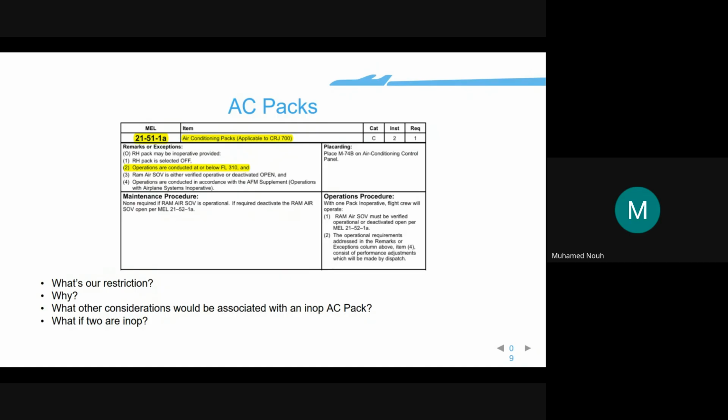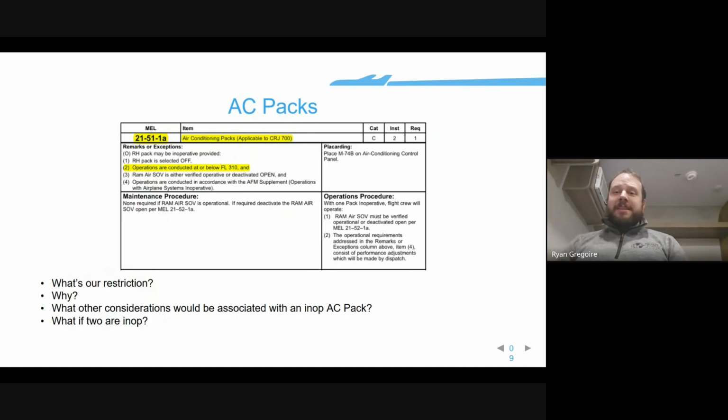All right. What would we be able to operate if both AC packs were inoperative? Yeah. So if we refer to our installed and required block for this particular MEL, we could not operate with 2 and up because it says 2 are installed, 1 is required.